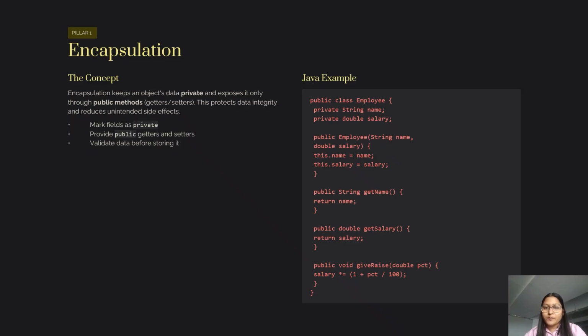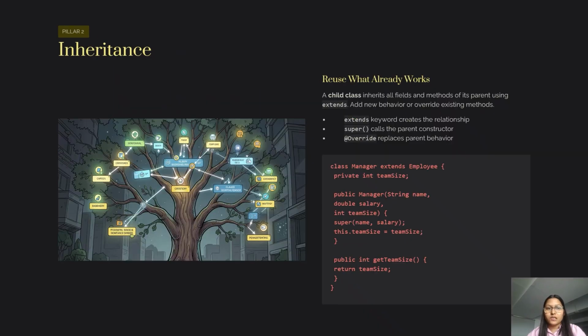So we use public getName and getSalary methods to access the name and the salary of the employee from another class outside this employee class. So this is the example and a brief about encapsulation.